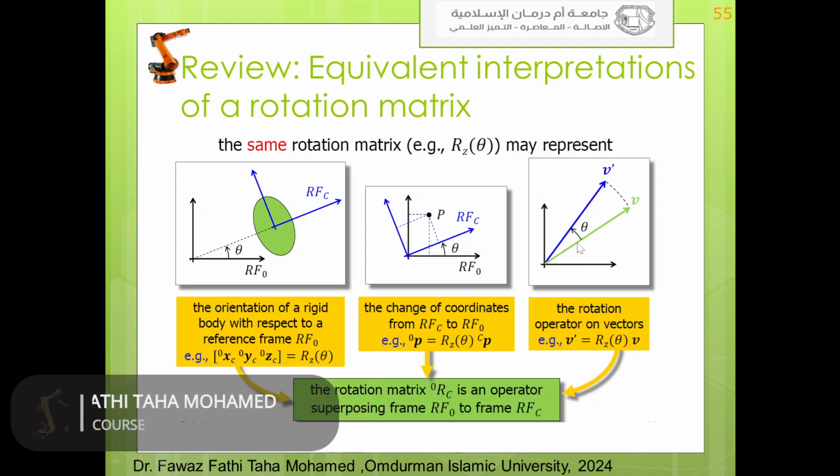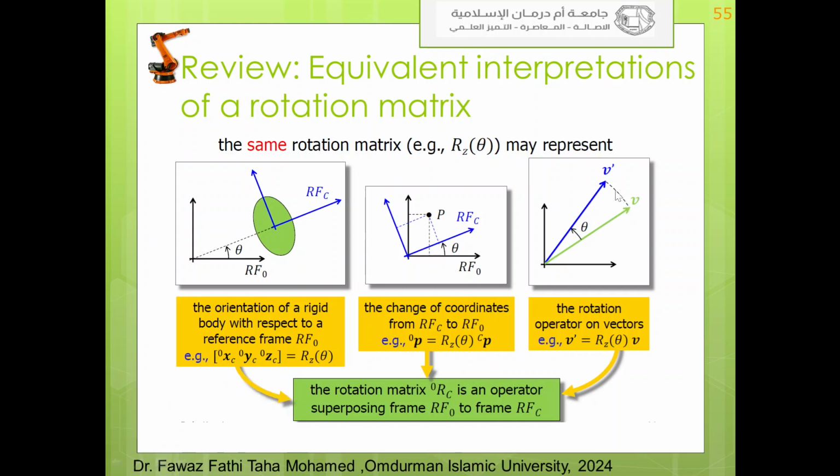And here we have a vector v. The new vector v dash is rotated around the fixed axis. If I make another rotation, v double dash, it also rotates around the same axis. So we can use this representation to prove the pre-multiplication case.